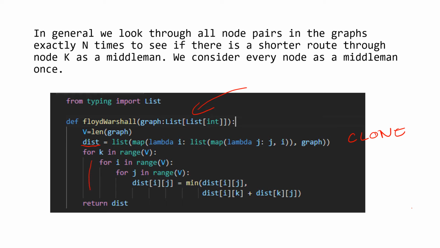In these two steps, we go through each node pair. So I represents the source node, and J represents the destination node. And we do this procedure of going through all the node pairs exactly k times.